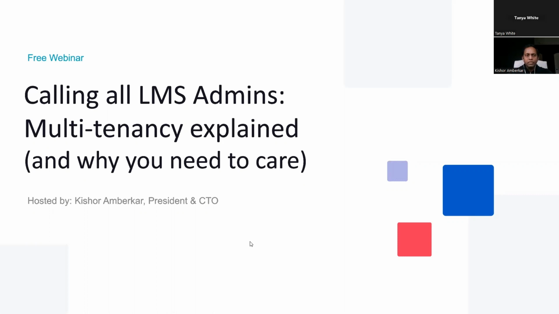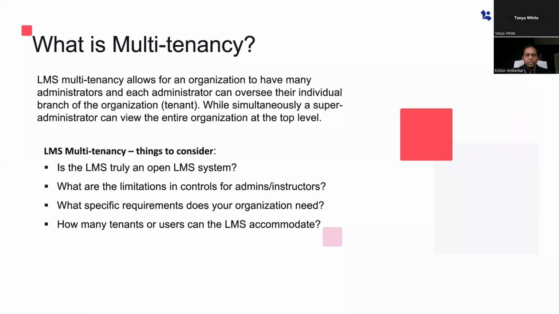What is multi-tenancy? Multi-tenancy allows complex organizations to have different nodes or different tenants, where each tenant can have its own processes. So let's take an example. The State of Iowa probably has around 40 to 50 agencies. It can be managed at the top from the Department of Administration.